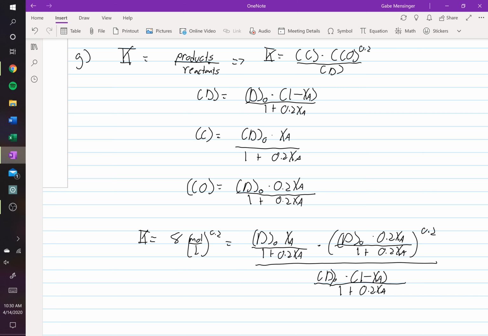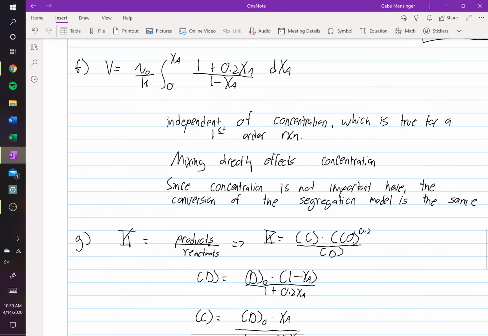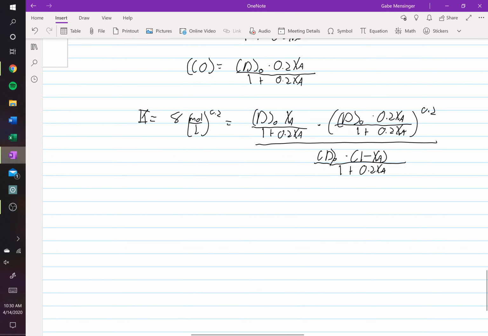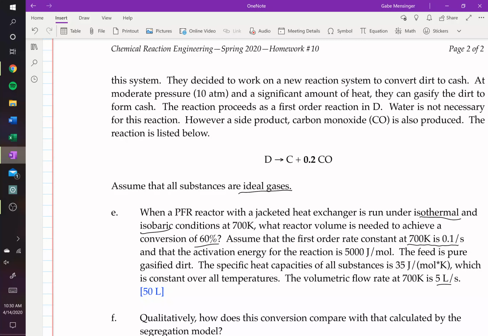All right. Do we know D naught? We don't. In the last problem, we ended up just getting rid of the constant of any concentrations. But we can find D naught because, again, if you'll recall, all substances are ideal gases. We are given a pressure. We are given a temperature.